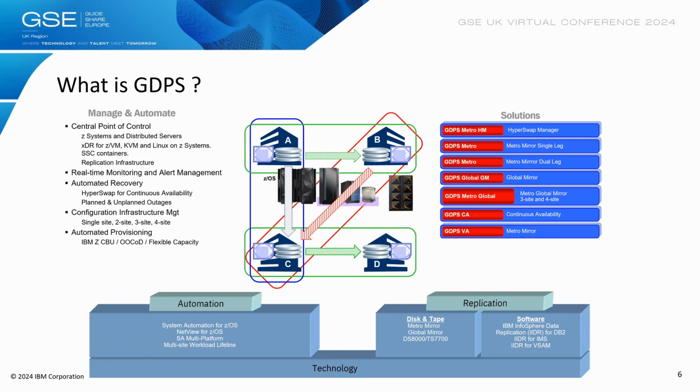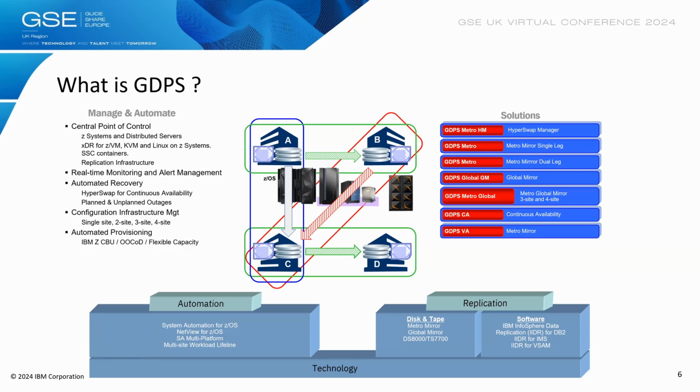GDPS supports multiple kinds of data center topologies, going from single-site topologies with a single data center to a four-site topology across multiple regions separated by unlimited distance. GDPS also allows you to automate the capacity provisioning of your machine, which is also important during a disaster recovery scenario.